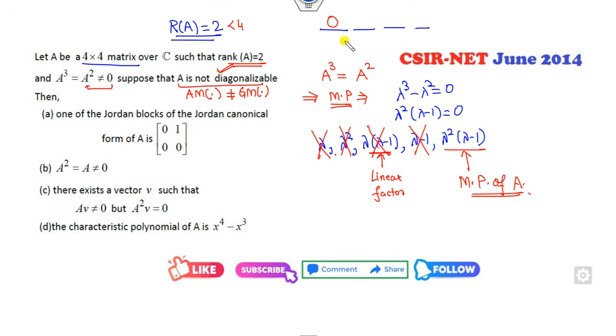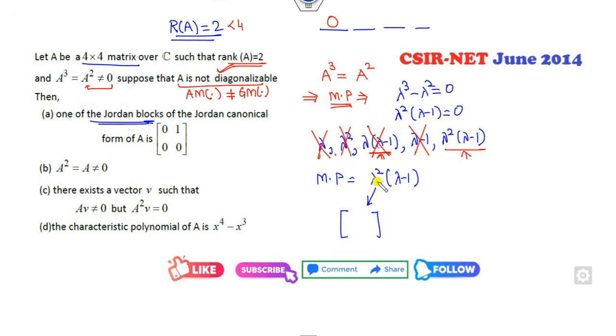Fine. Now once you know this is the minimal polynomial, what I can write here is minimal polynomial is lambda square into lambda minus 1. Then based on this minimal polynomial, can you define the Jordan block? What is the Jordan block corresponding to this eigenvalue? I can write lambda minus 0 square, lambda minus 1.